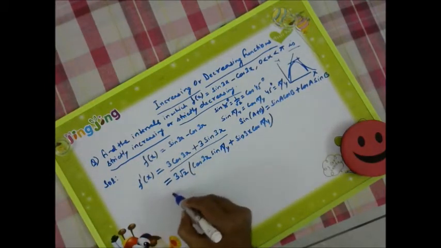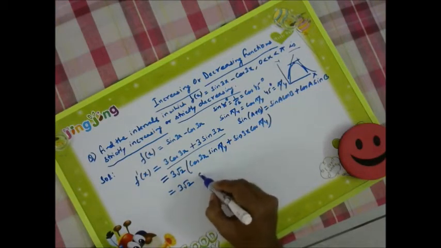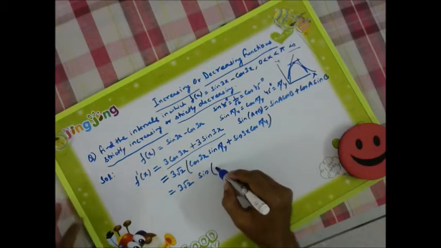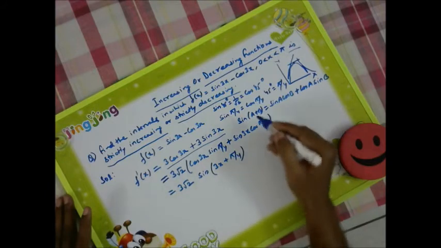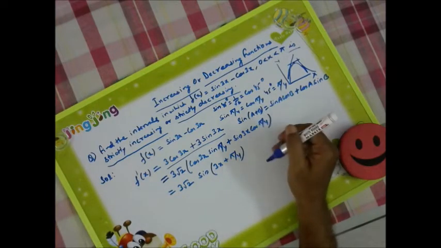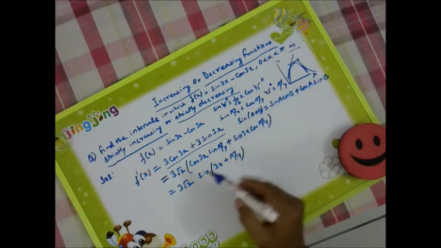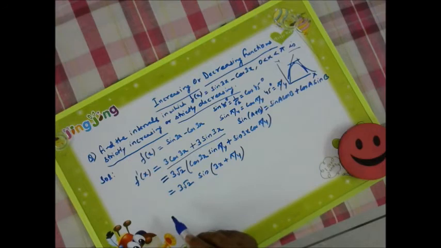Now it will become 3 root 2 sin of 3x plus pi by 4, which is in the form sin a plus b, where sin a plus b is equal to sin a cos b plus cos a sin b.